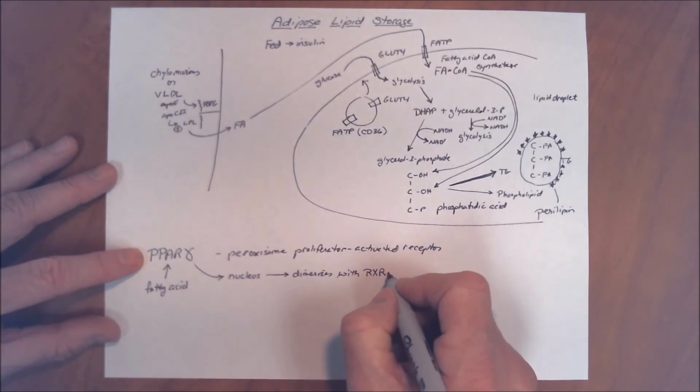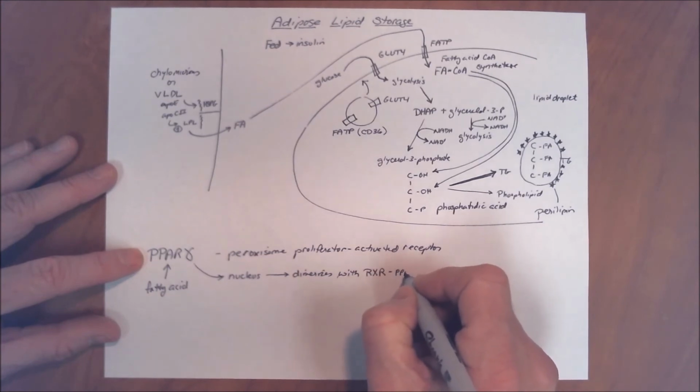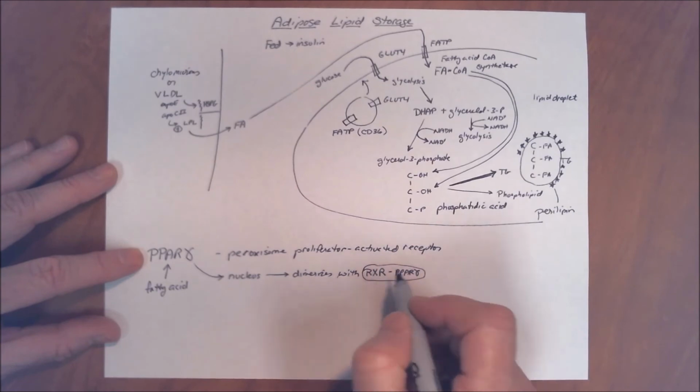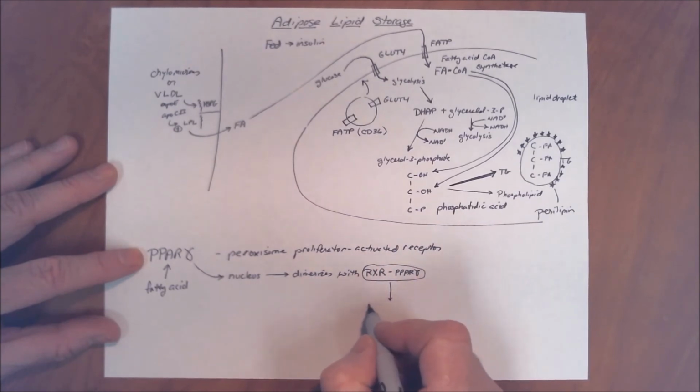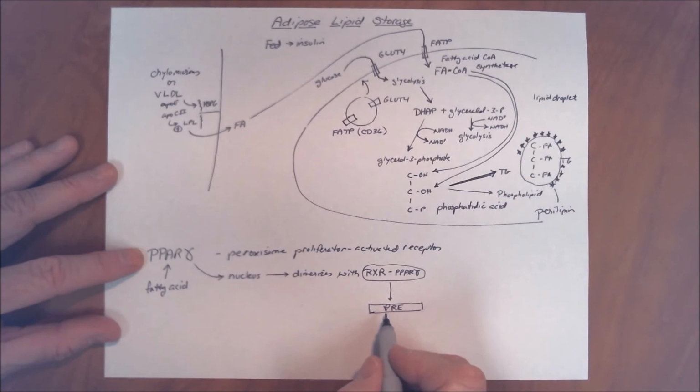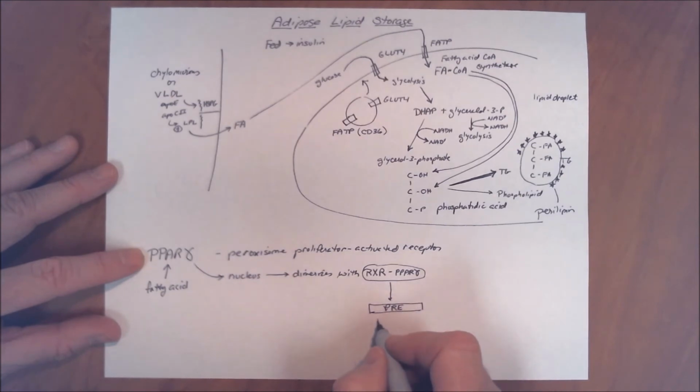Once we form this dimer, now we have a transcription factor that can bind to a promoter element that is called PPRE, the PPAR gamma response element.